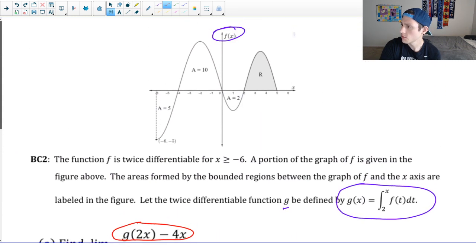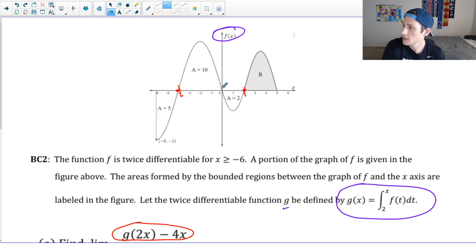Well, what is that? We have a graph here. From -4 to +2, we have this upper area, which is 10. We have this lower area, which is 2. So the total area from -4 to +2 would be 8, because remember, any area that's below the x-axis represents a negative area.